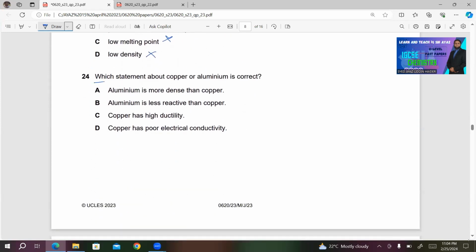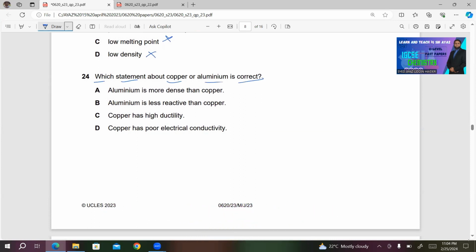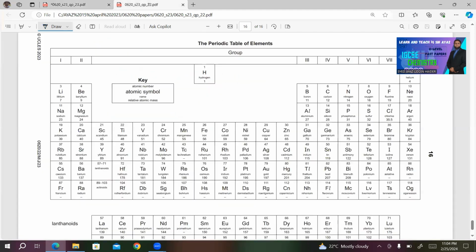24. Which statement about copper and aluminium is correct? A, aluminium is more dense than copper. If you look at the position of aluminium and copper, here it is aluminium and here it is copper.